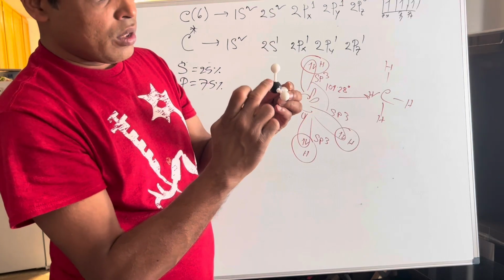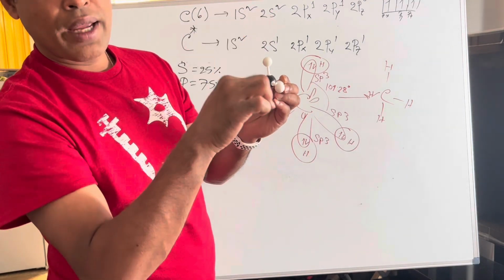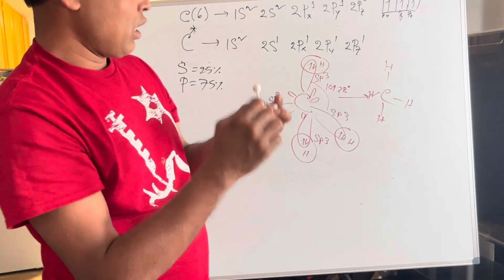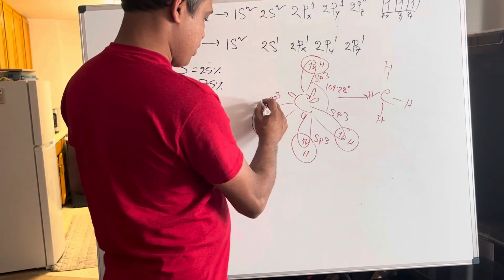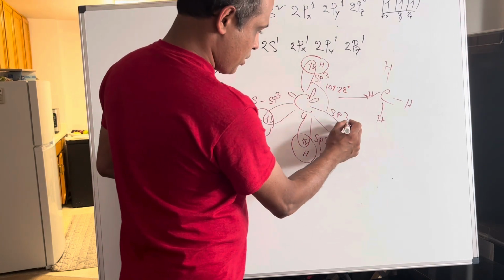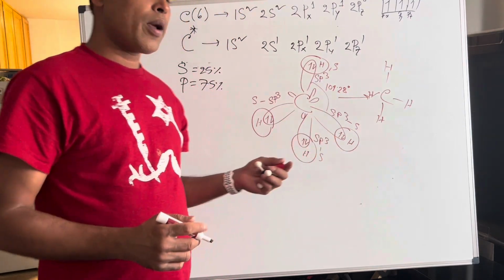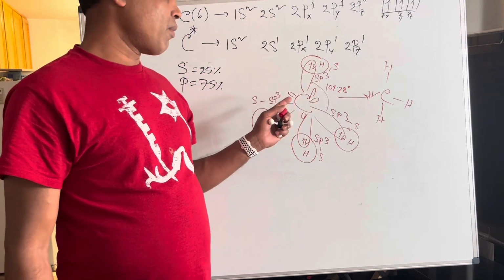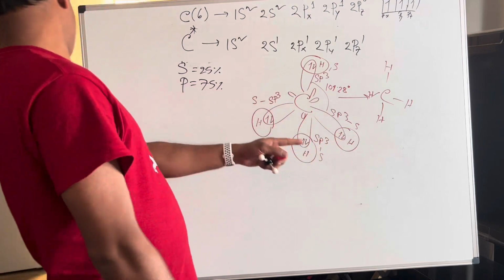This is carbon, and this bond is formed by sp3, and actually hydrogen is giving an s orbital, so that's why it's called sp3-s. If anyone asks what kind of hybridization or bond is present in this methane molecule, you can say sp3-s, sp3-s, sp3-s, sp3-s.